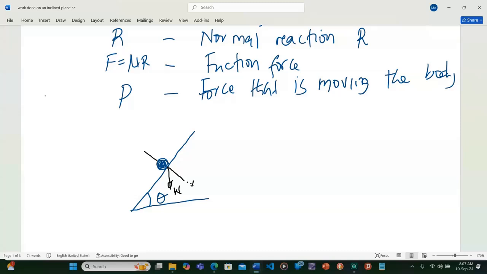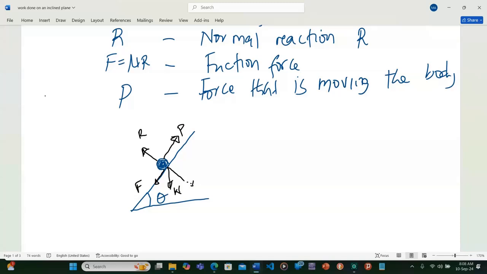Then we have the normal reaction, which is perpendicular to the plane. Then we have a force that is pulling this body, which we have called P. Then this normal reaction comes about as a result of the friction that we have here. So when the body is moving up, the friction force will act downwards along the plane, and this is our F.